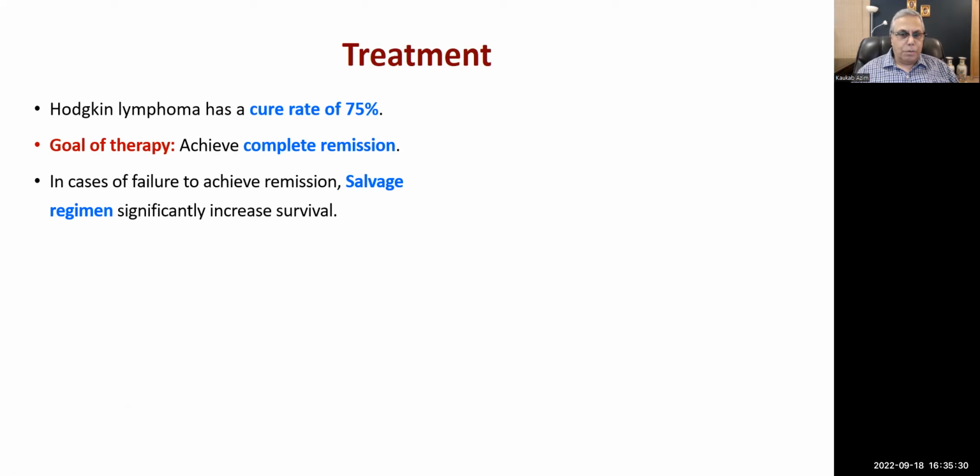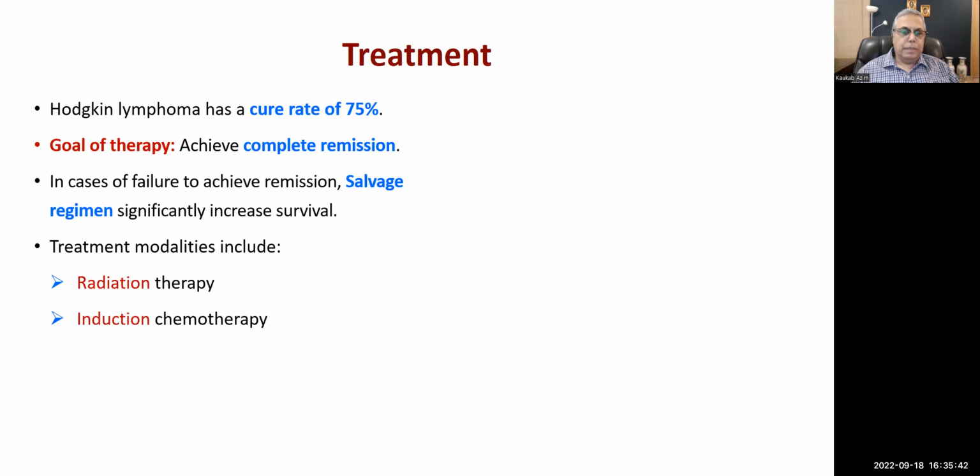There are certain protocols. Our treatment modalities include radiation therapy, which is always given in Hodgkin lymphoma in combination with the protocols that I'll show you in the next slide. Induction chemotherapy is the therapy that you start with, and it induces a remission. Then after induction chemotherapy, we sometimes give maintenance chemotherapy. Salvage chemotherapy, you have given treatment and the treatment has regressed.